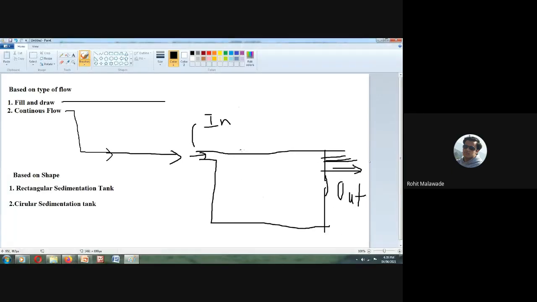Now here, we are not going to allow the water to stand for around 24 hours in this particular tank.